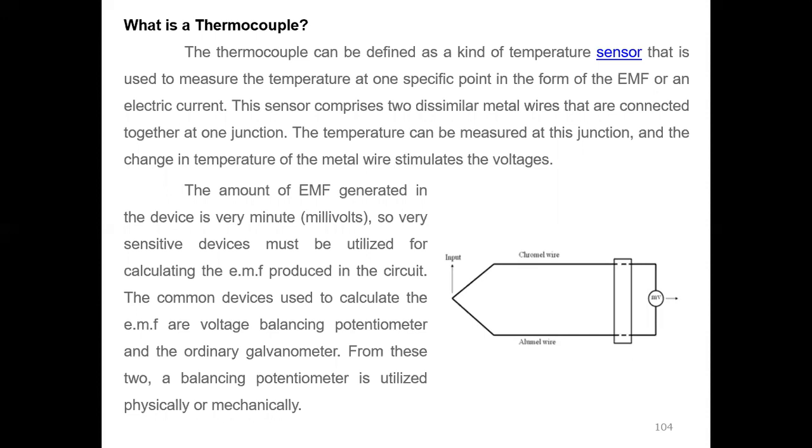The temperature is measured at the junction, and changes in temperature of the metal wires produce voltages. The amount of EMF generated in the device is very minute, so a very sensitive device must be utilized for measuring the EMF produced in the circuit. The common devices used are the voltage balancing potentiometer and the ordinary galvanometer.